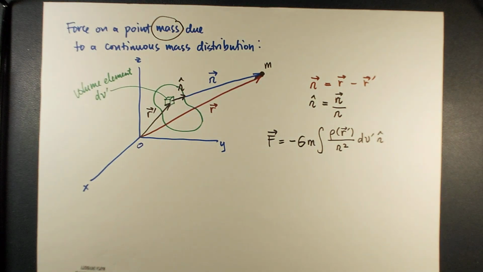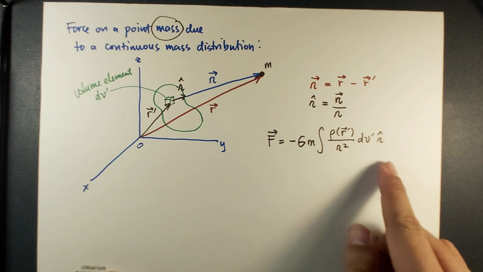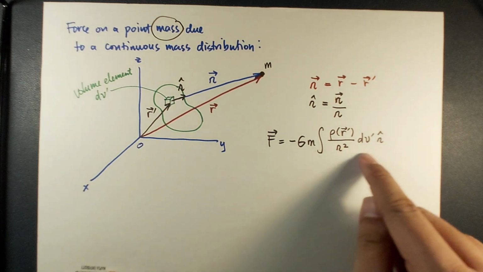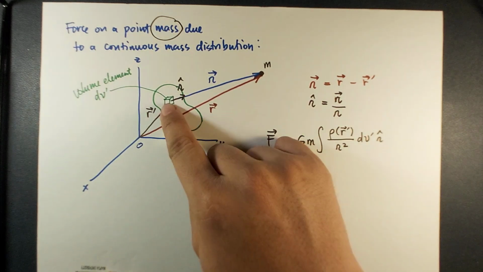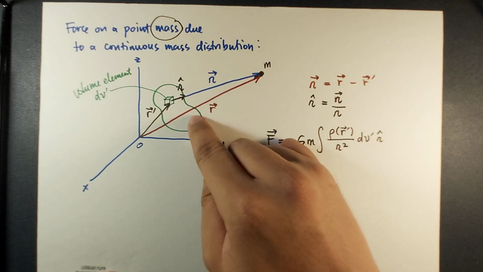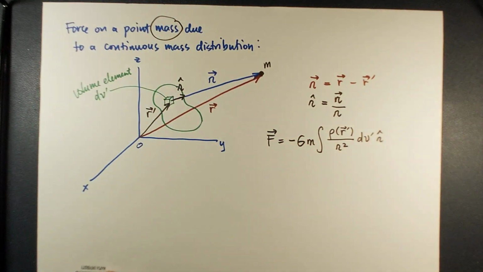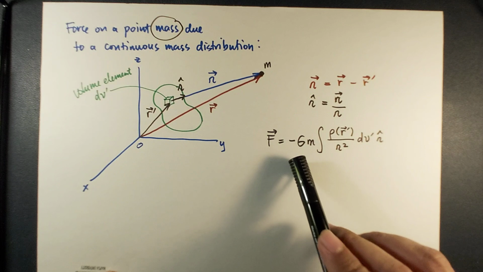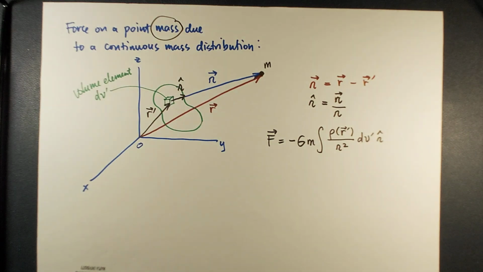So you will notice that this equation tells us that we are going to sum all the contributions of all the elements within this volume to the gravitational force exerted on our mass.